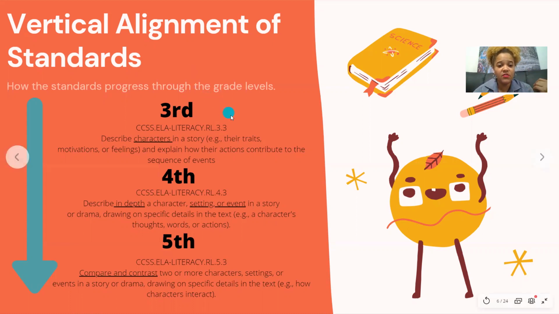If you notice, they all end in RL something 3, because that's the same standard line. So 3rd grade is 3.3, 4th grade 4.3, 5th grade 5.3. I'm going to be quiet for a moment while you look at them, and I want you to think to yourself, what is the difference between this standard?